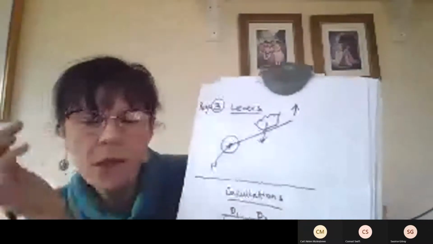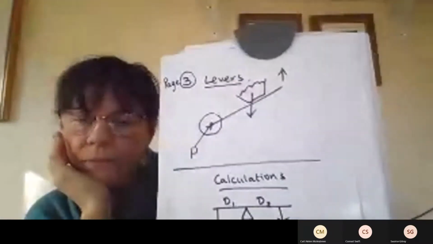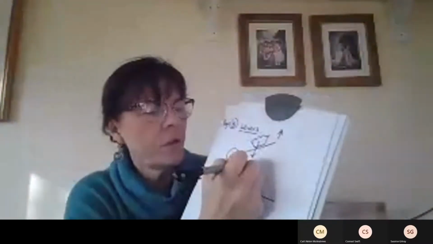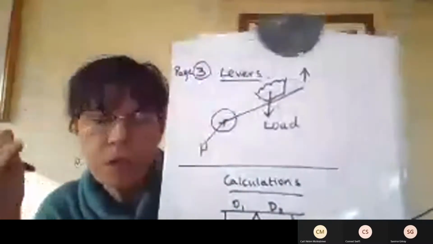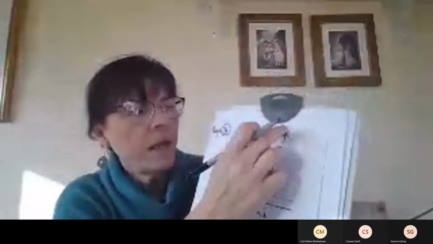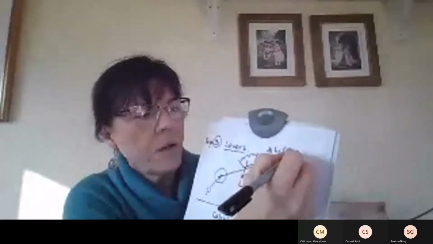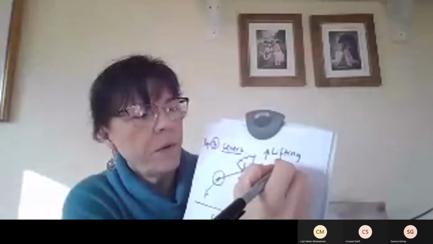And in today's work, you're being expected to label the pivot and the forces. I tend to call this force the load. Now, the next thing I show you is going to be called the weight, but forces get called all kinds of different things. You just need to get used to that. And the upward force here, the lifting force, that's bringing the wheelbarrow up.